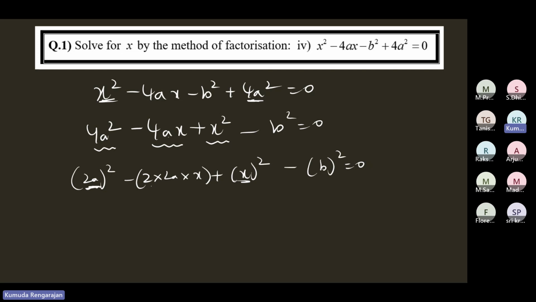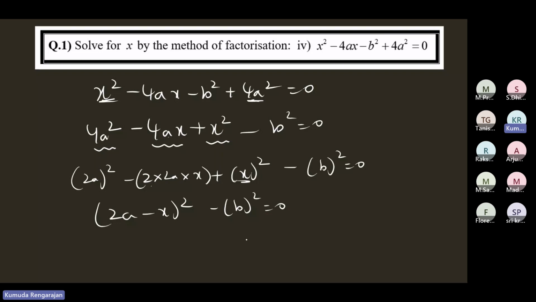So this is like x square minus 2xy plus y square. So that's nothing but x minus y the whole square. Which means 2a minus x the whole square minus b the whole square is equal to 0.